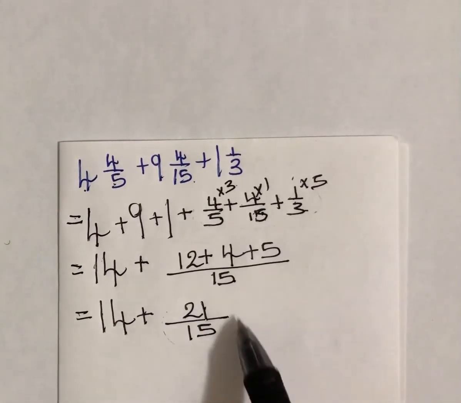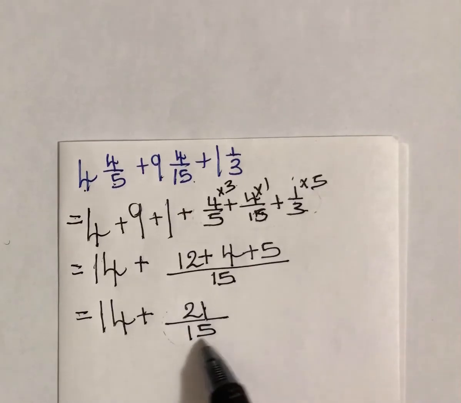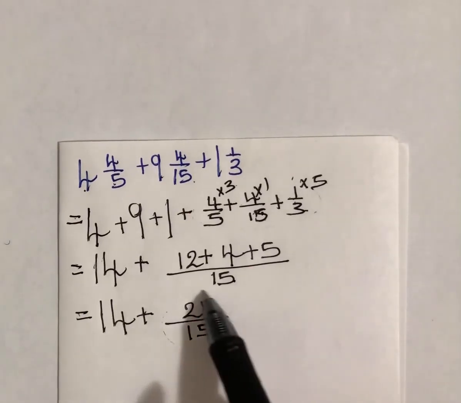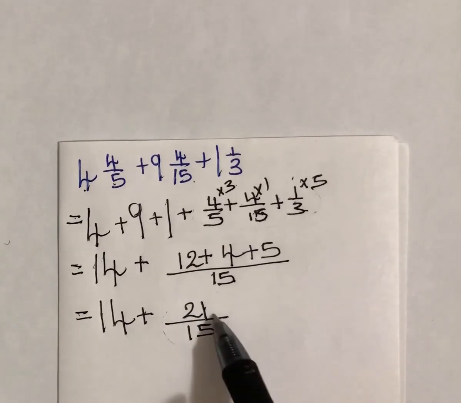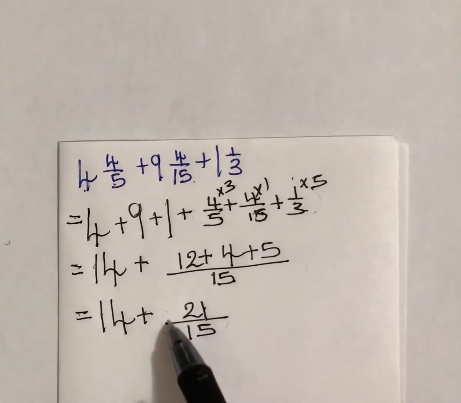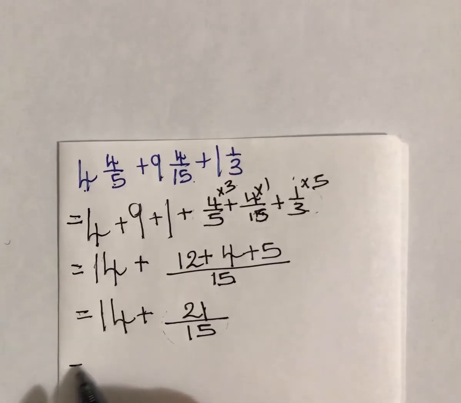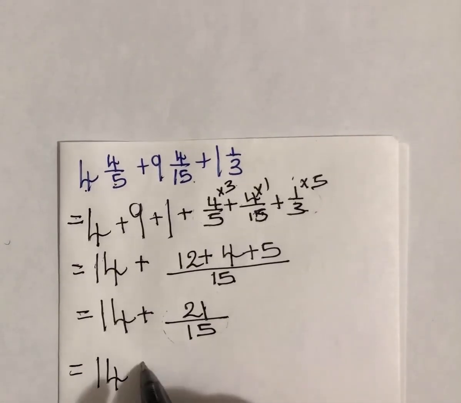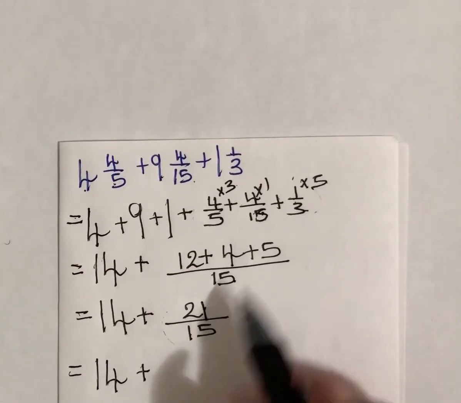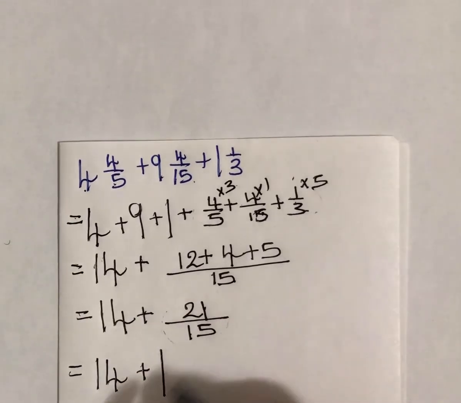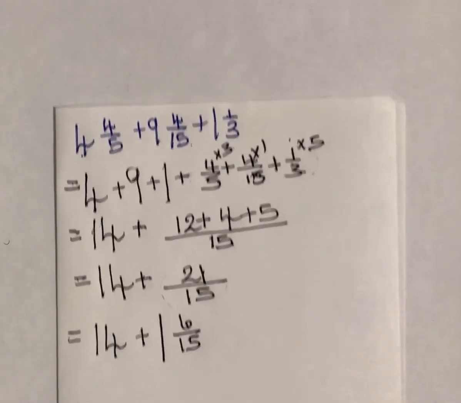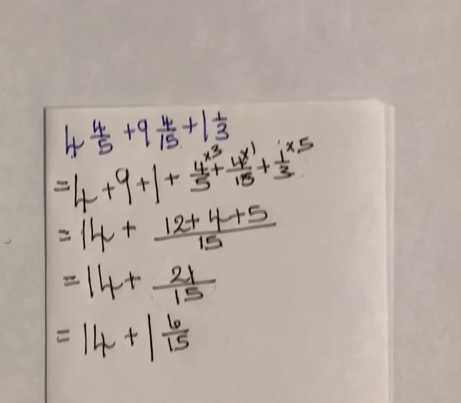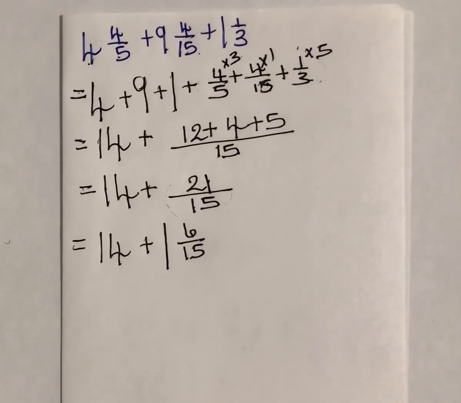What do you notice here? We are top heavy. So we are going to change this fraction, this top heavy, or what we say improper fraction, to a mixed number. So let us keep our 14. 15 goes into 21 once, and it leaves us with a remainder of 6. So we are doing a number of things here. I want you to look carefully.